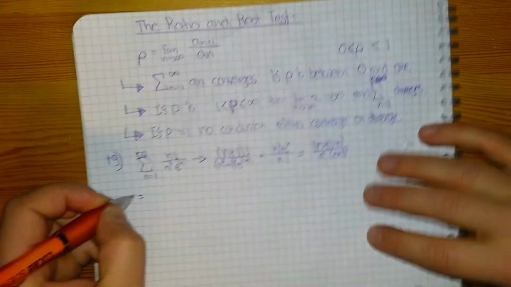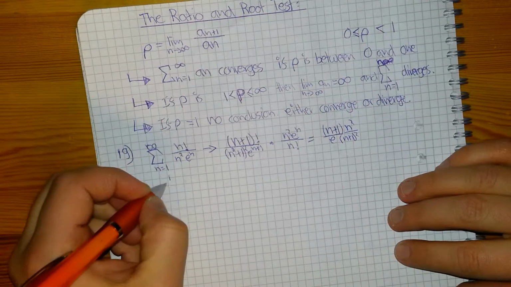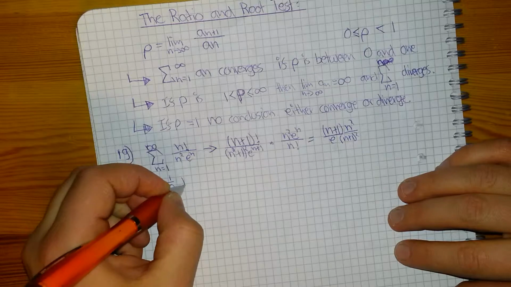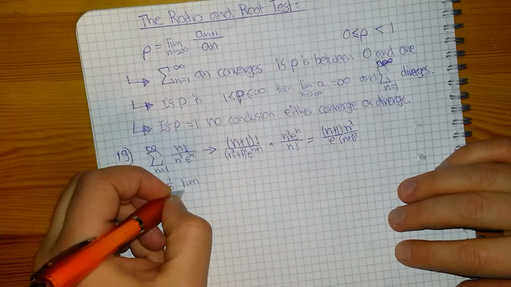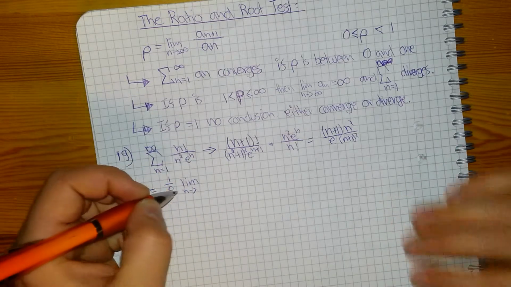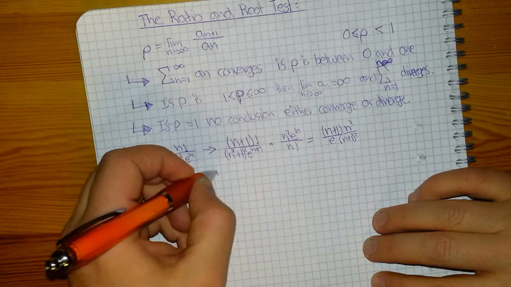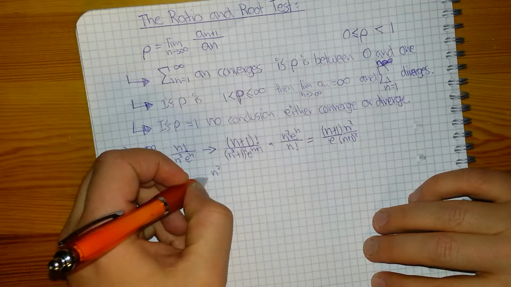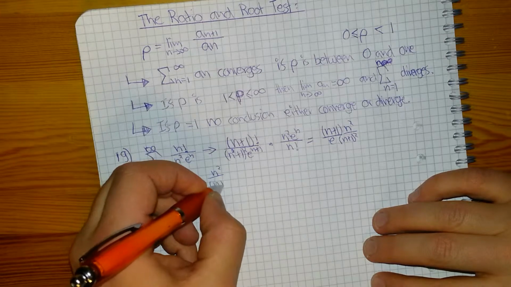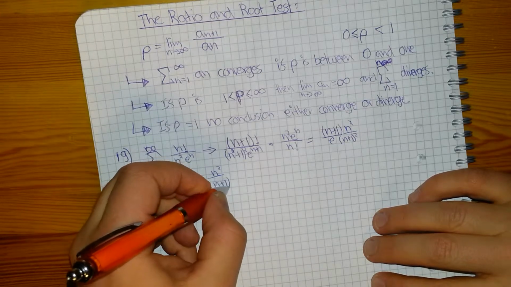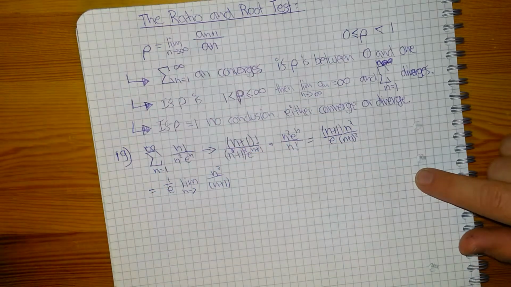This is equal to 1 over e, the limit, I forgot to write the limit, as n goes to infinity of n squared divided by n plus 1, because this one cancels out with this one.